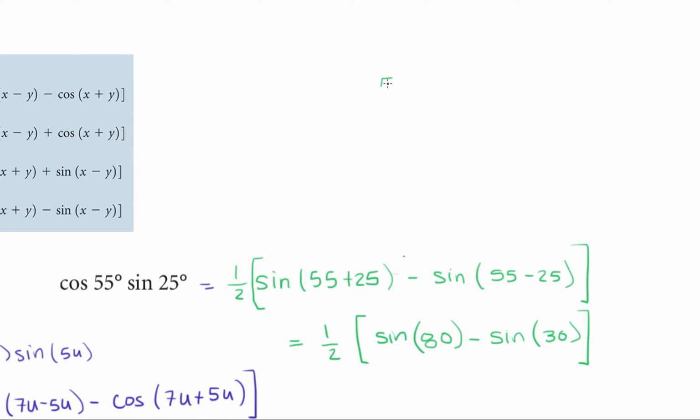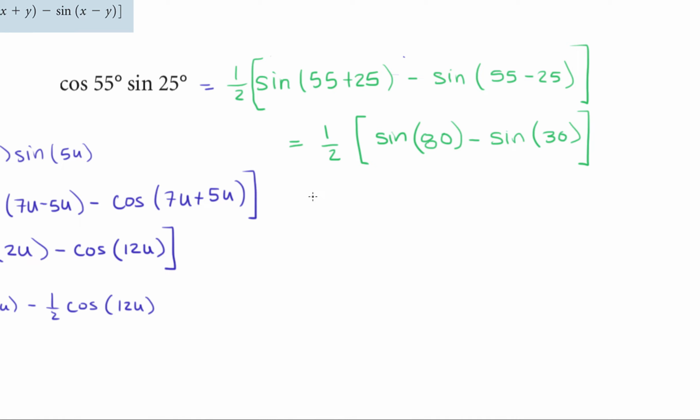Let me double check that. Okay, perfect. And then we distribute the 1/2, we get sine of 80 minus 1/2 sine of 30.